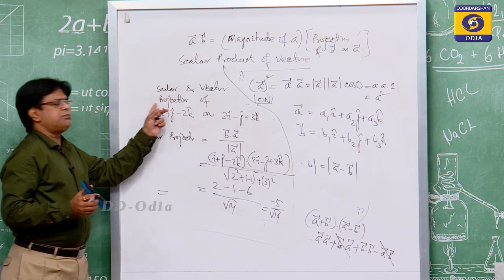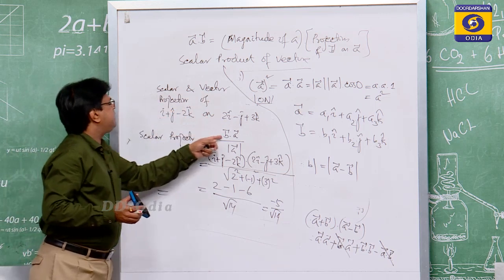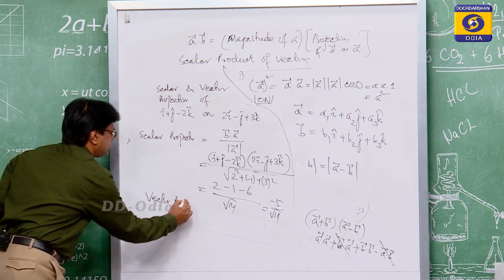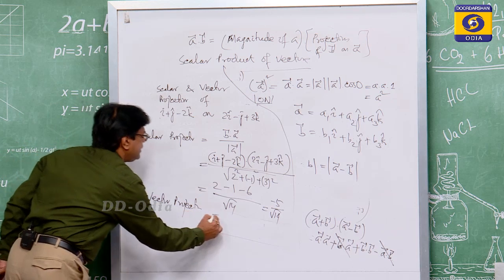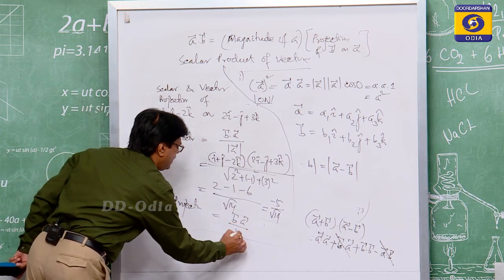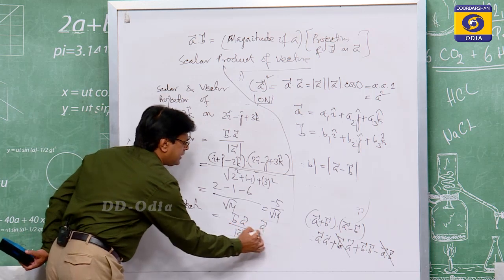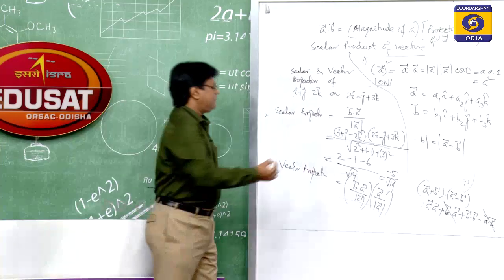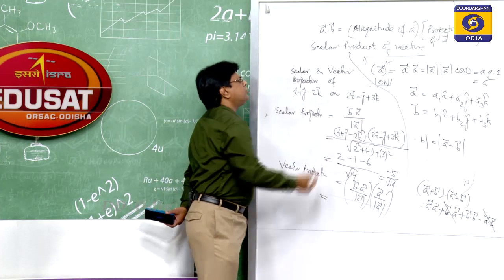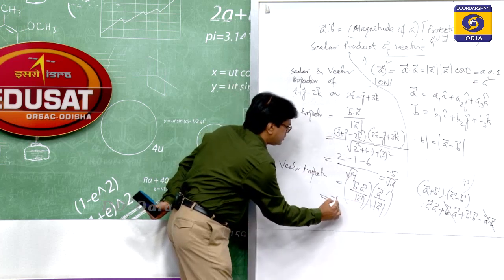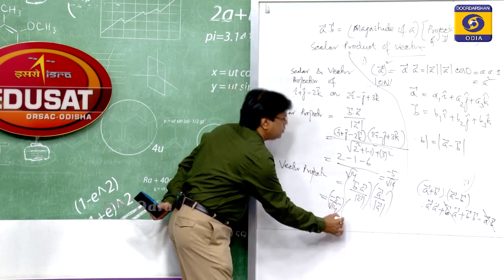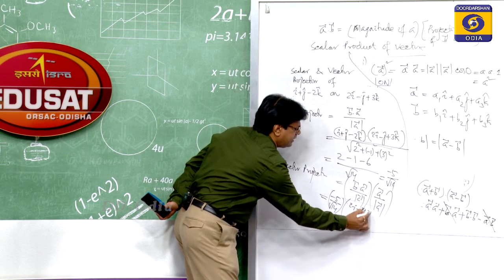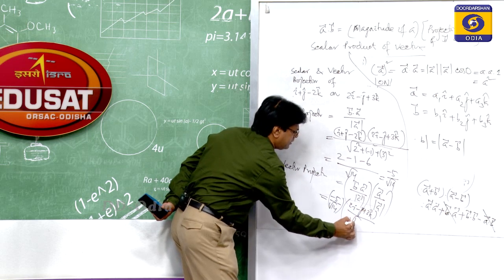Suppose you have to find the vector projection of B on A. We can easily find it: B dot A by the magnitude of A into A vector by the magnitude of A. So this is minus 5 by root over 14 into 2i minus j plus 3k by root over 14.